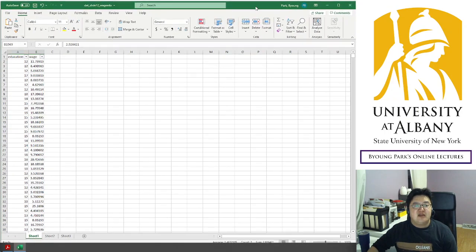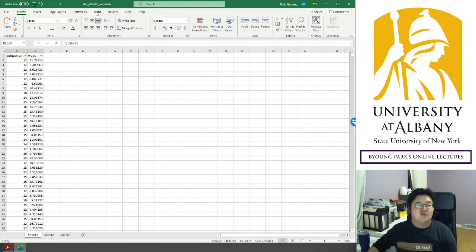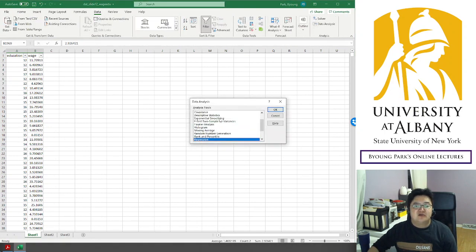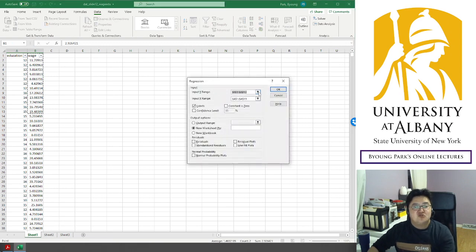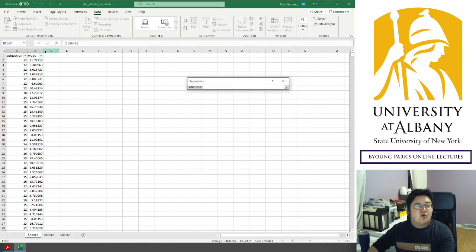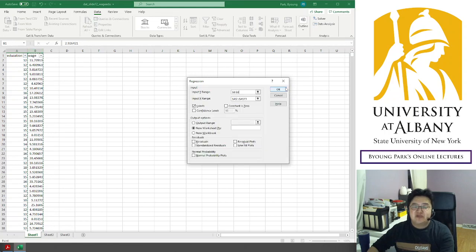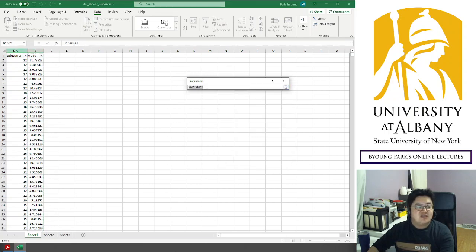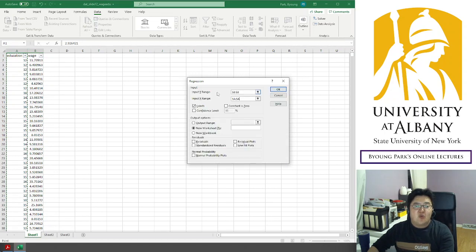And then the idea is the same. We are doing the same regression data analysis. Choose Y. Here Y is wage because we are explaining wage using education. So Y is hourly wage, and X is education, right? And the first line is label.